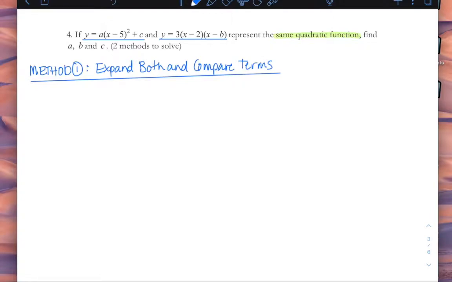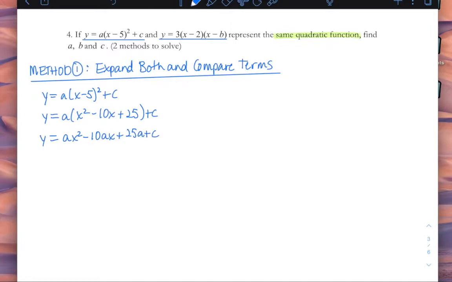So I'm very literally going to start with my given function, and I'm going to expand it. And I'm going to do the same thing for the second one.